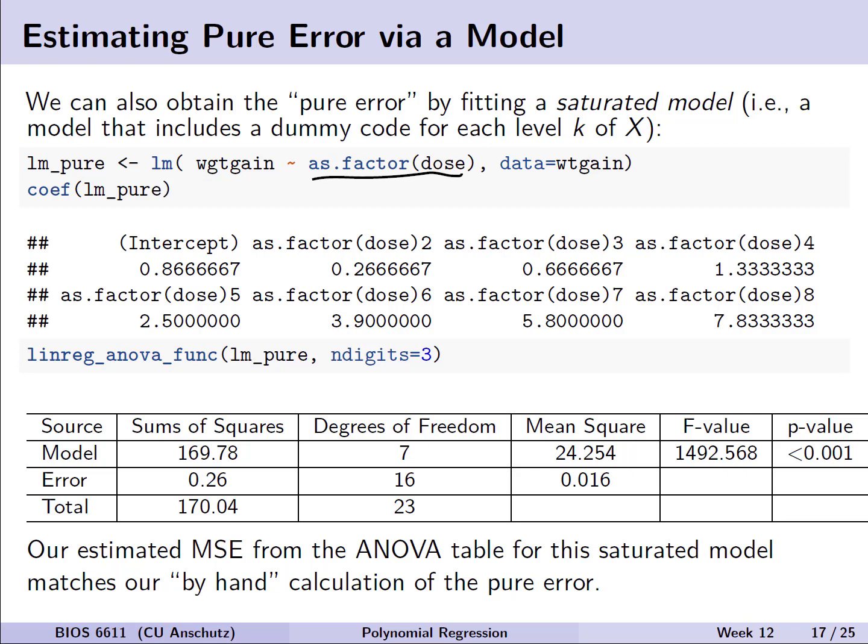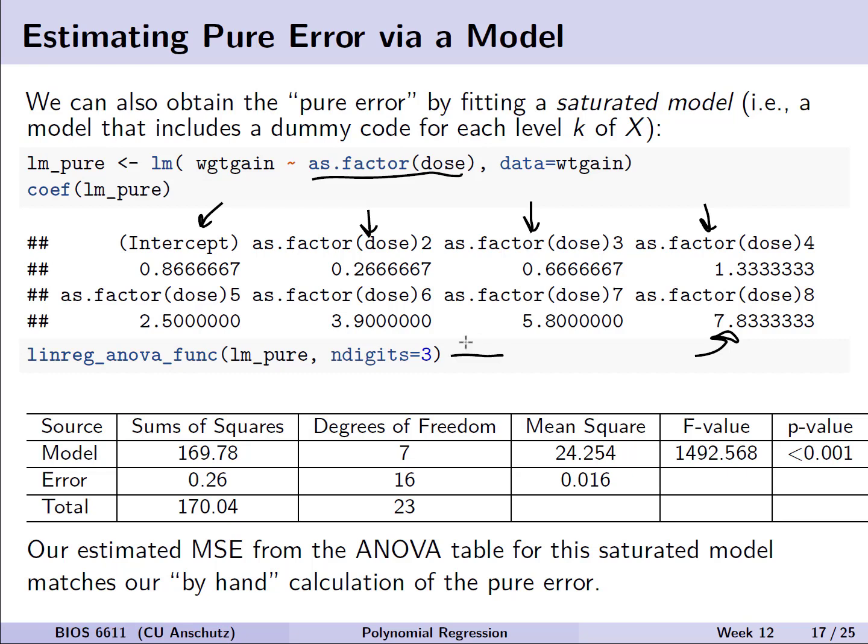What we see here is that with the intercept representing the case where all of our indicators are 0, it's the mean for dose 1, we then have the difference for each dose level 2, 3, 4, all the way up to dose 8 for how it differs from dose level 1's mean weight gain.